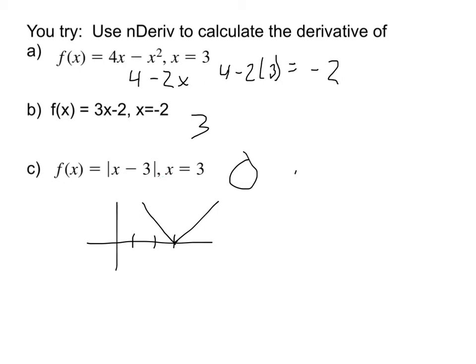Therefore, you have to be super careful with your calculator, because it will give you the wrong derivative. There is no derivative at this point. It's a corner, not a cusp. It's a place where the derivative does not exist.